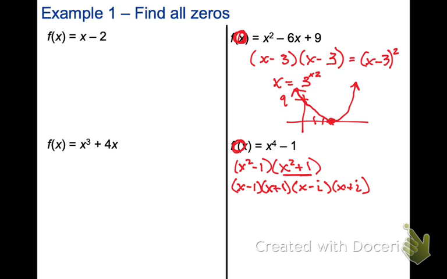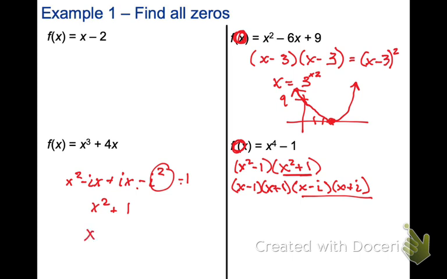If I FOIL this out right here, I have x squared minus ix plus ix minus i squared. And so I have x squared, and this becomes a negative 1, and a negative is a positive.